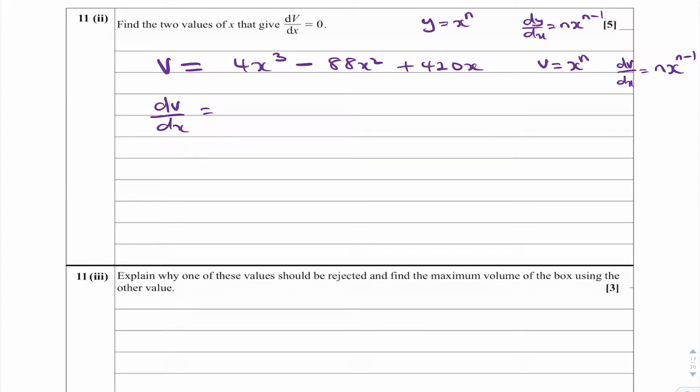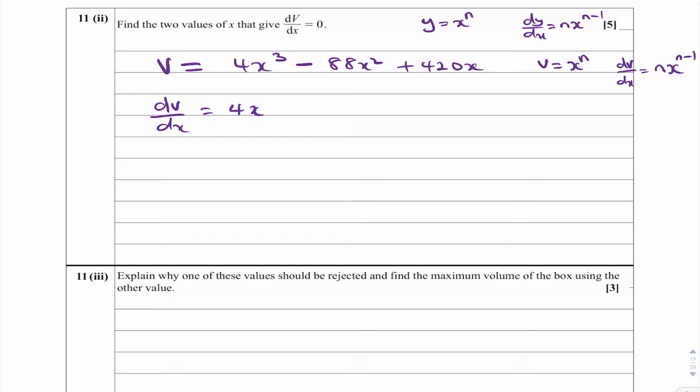They're coefficients. So what we're going to do is differentiate, ignoring the constant, but you still use the constant. So the 4 is there, and we're not going to do anything to that one.